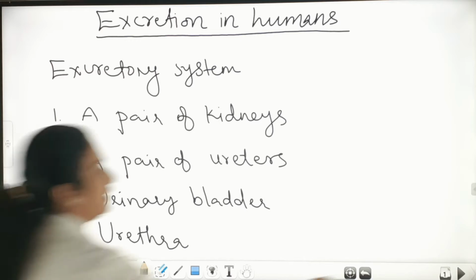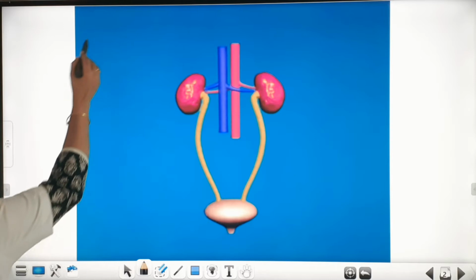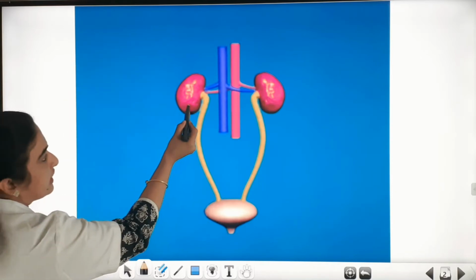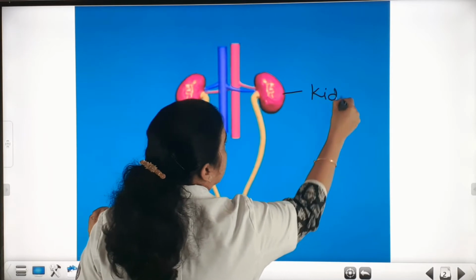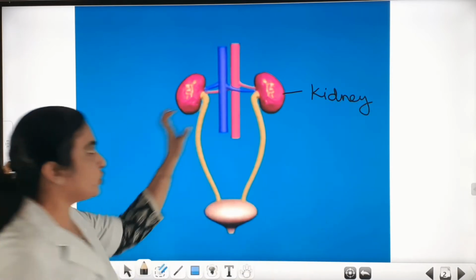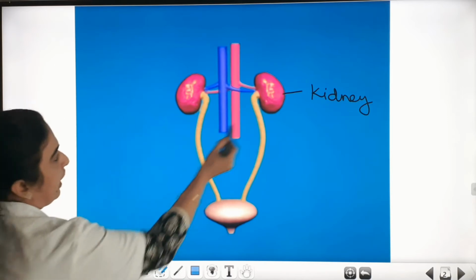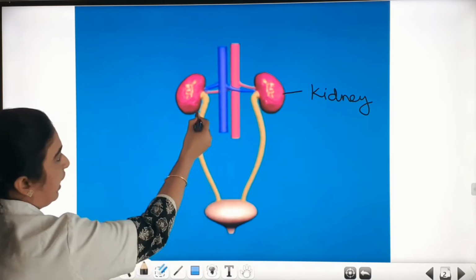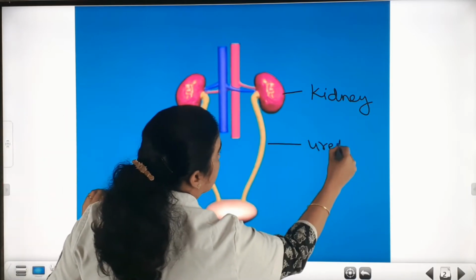So we can see this is the excretory system. In this excretory system we can see a pair of kidneys. So this is the kidney. A pair of kidneys, two kidneys on either side of the abdomen, and it is followed by a pair of tubular structures. This is called ureter.